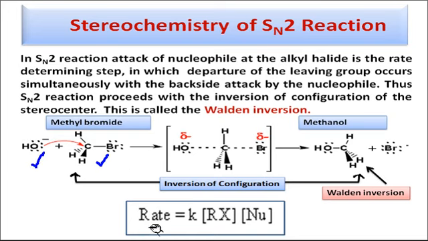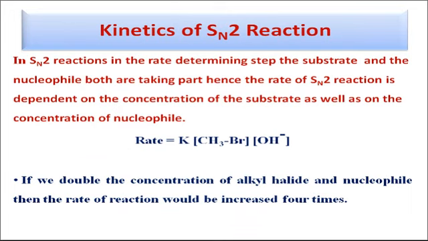That is why the rate of the SN2 reaction depends on the nucleophile concentration as well as the concentration of the alkyl halide, and hence the rate of the SN2 reaction is given by k, the rate constant, times the concentration of alkyl halide times the concentration of the nucleophile.